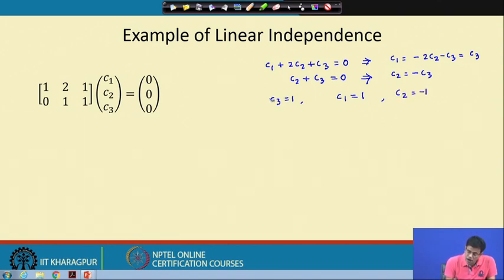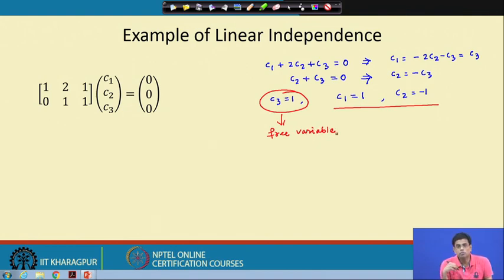Now you have to understand very carefully that only after I assume C3 are these values possible. So this variable is essentially known as a free variable. That means I can assume any, or an infinite number of, values and get an infinite number of solutions. So going back to our definition of linear independence, non-zero C1, C2, C3 are possible.